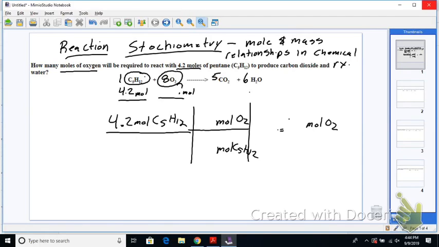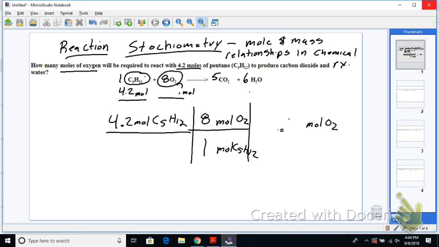It's kind of like a translator. It's a way in which you move from one element to another successfully. So in front of moles of C5H12, I'm going to put the coefficient, which is 1. And in front of oxygen, I'm going to put 8.